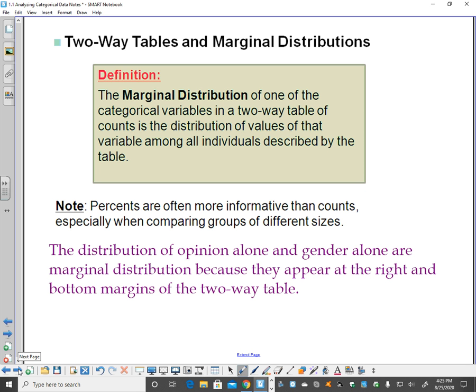Okay, two-way tables and marginal distributions. The marginal distribution of one of the categorical variables in a two-way table of counts is the distribution of values of that variable among individuals described in the table. That's a mouthful. Okay, let's hold on a second. The marginal distribution of one of the categorical variables in a two-way table.